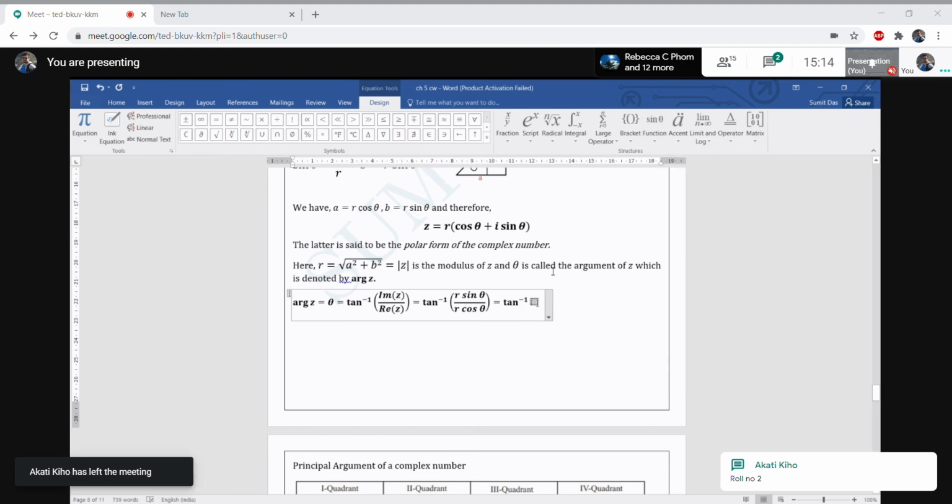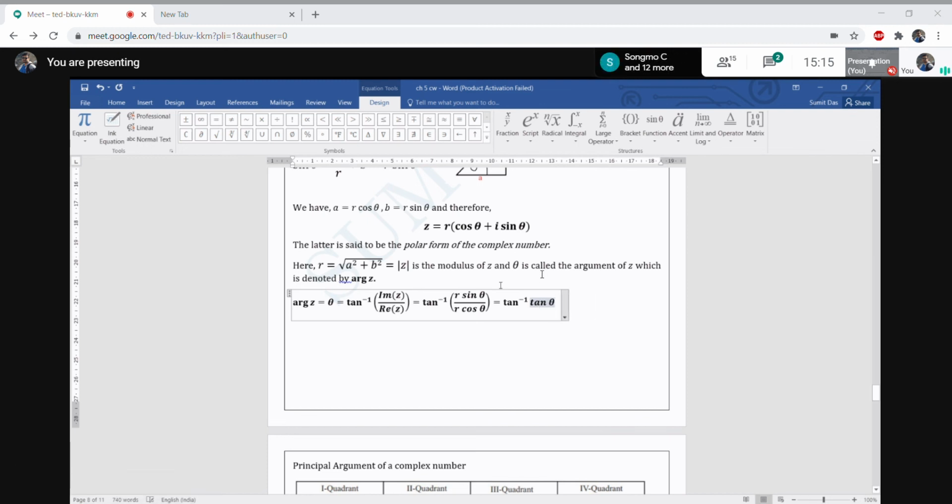So tan inverse and tan will cancel, and only theta will remain. Look, we write theta equal to this.